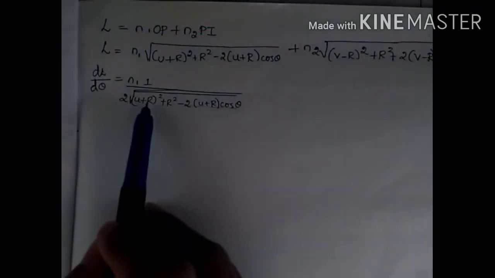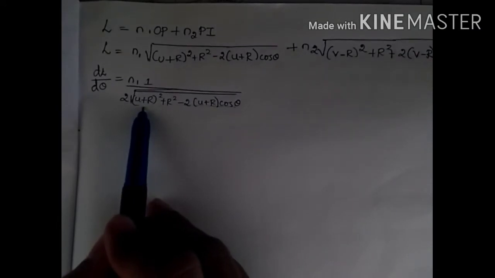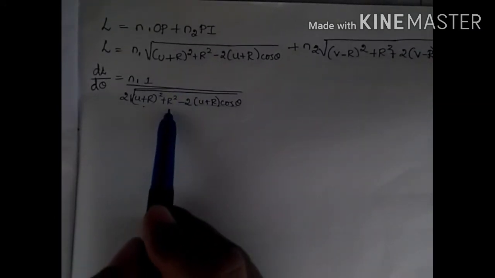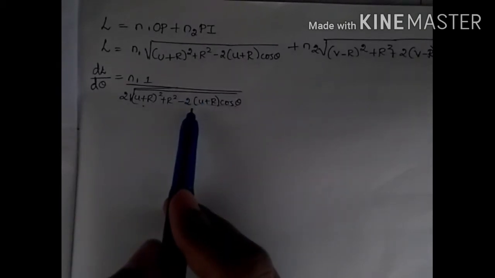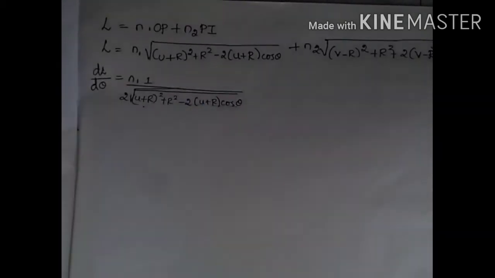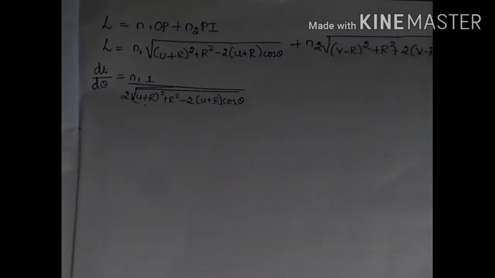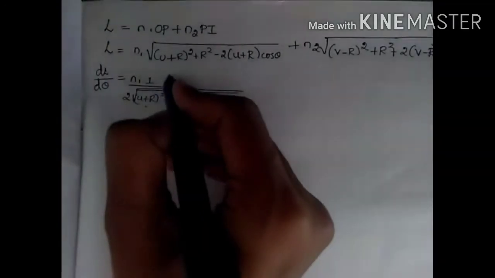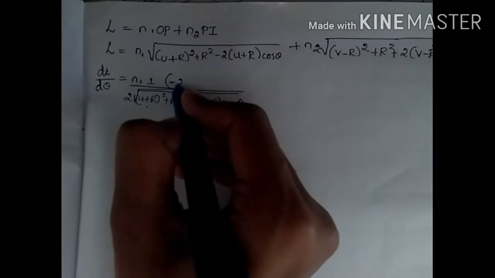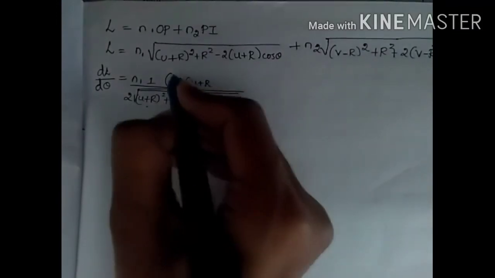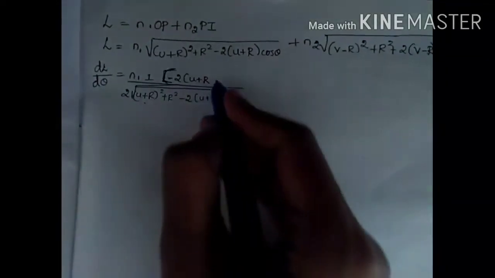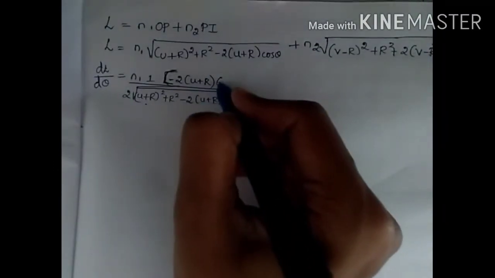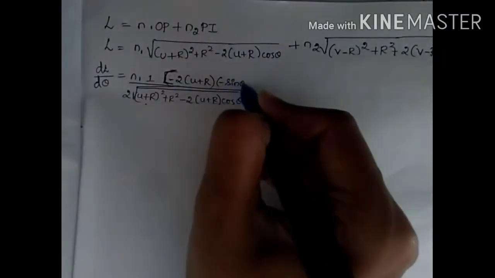If you differentiate the first term, there is no cos theta, so you cannot. In the second term, again there is no theta. In the third, we have cos theta. What is the differentiation of cos theta? It is minus sin theta. So here you have minus 2(u plus r) times minus sin theta.